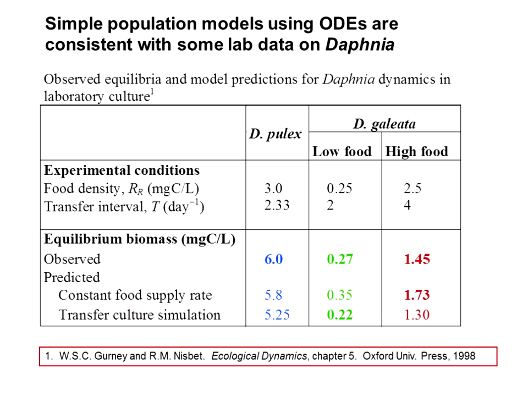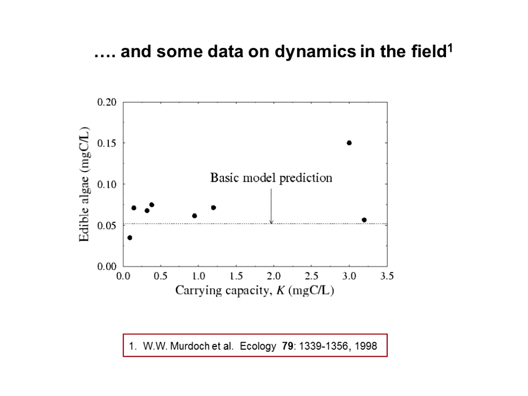These are situations where an equilibrium population was predicted with one of these, and these are field data where the density of edible algae, that is Daphnia's food, in lakes was predicted using one of these simple ordinary differential equation type models. And there's a lot of scatter and so on, but it's getting into the right ballpark.